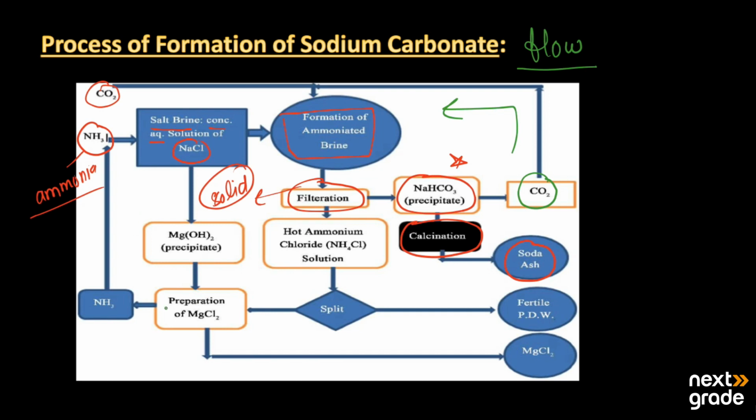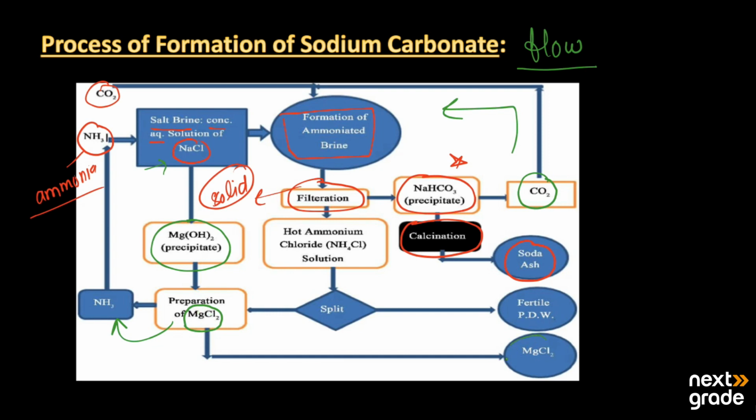And here, the ammonia that we use, we gain from the salt brine, the concentrated aqueous solution of sodium chloride, with the help of magnesium hydroxide precipitation. Here the preparation of magnesium chloride takes place, and from there we gain the ammonia, and that ammonia can be used again.